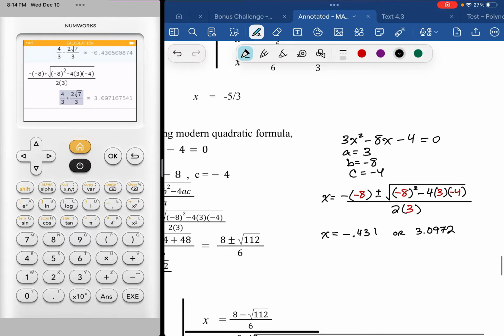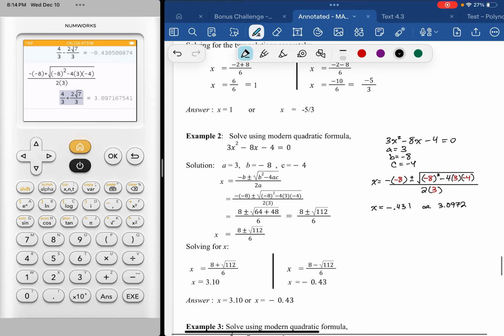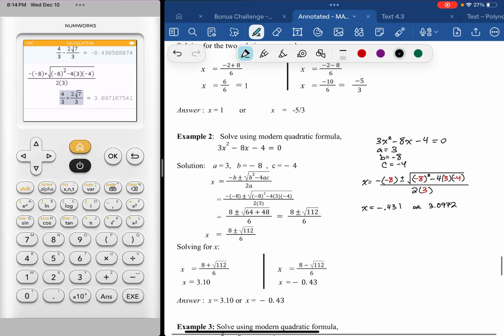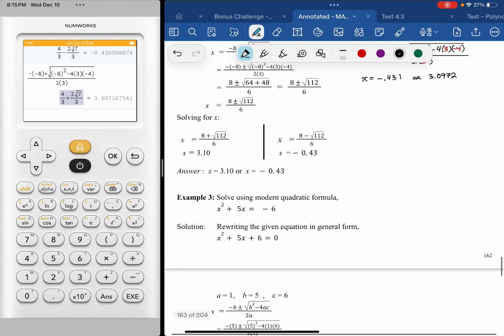So uglier answers. It didn't say how to round, so depending on the rounding instructions, you might write it slightly differently. It's ugly to look at, but it's no more challenging than the previous problem. It's just we didn't get clean answers, and we had to do a little bit of rounding there.